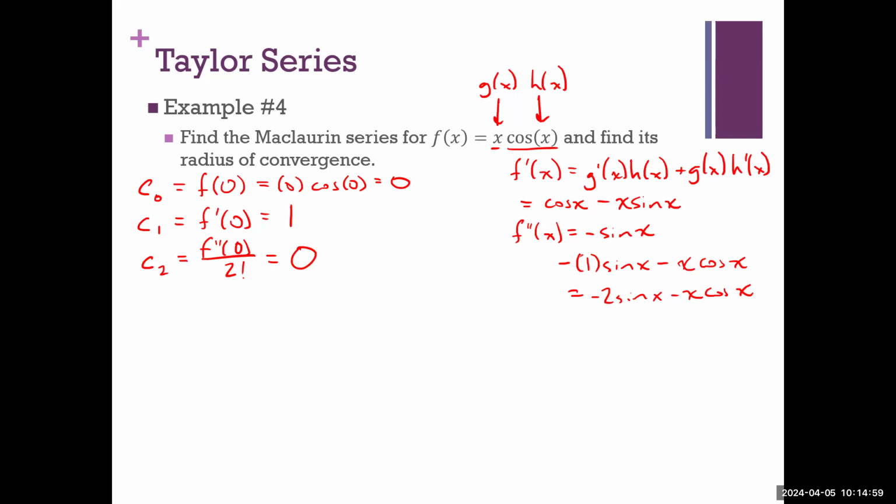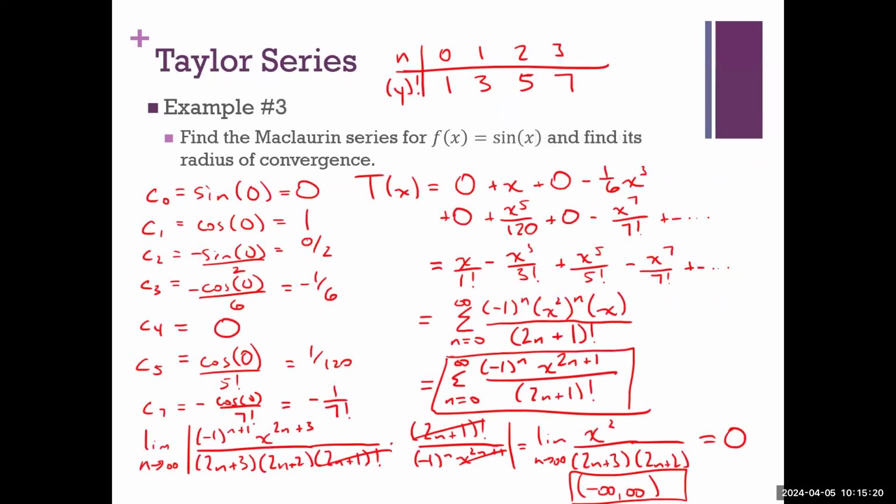So 0, 1, 0. Do we have any kind of idea what pattern is showing up yet? Anything at all? It's either the cosine of x or the sine of x pattern that we already went through. 0, 1, 0. Let's go back to the sine of x, since you're seeing some similarity.